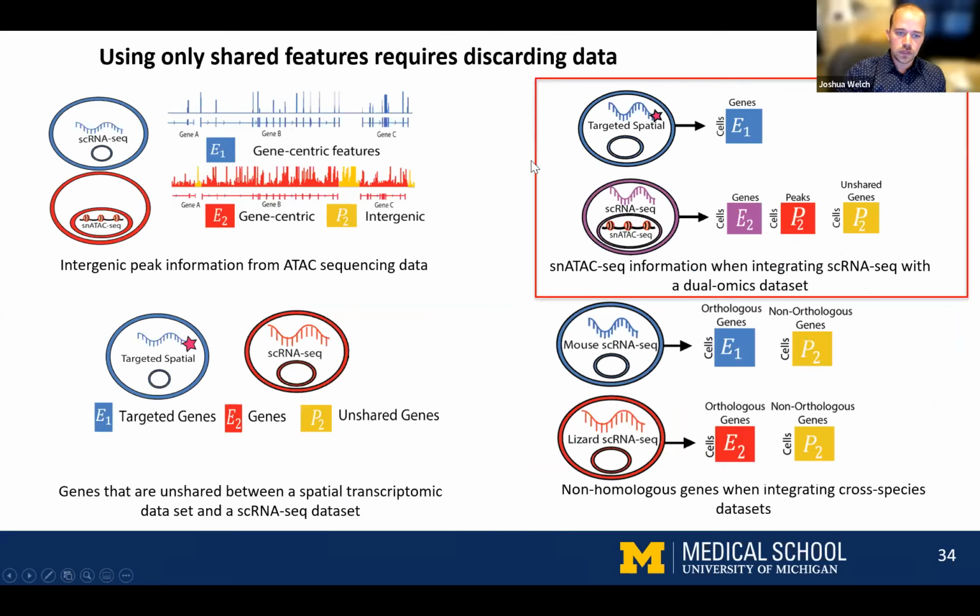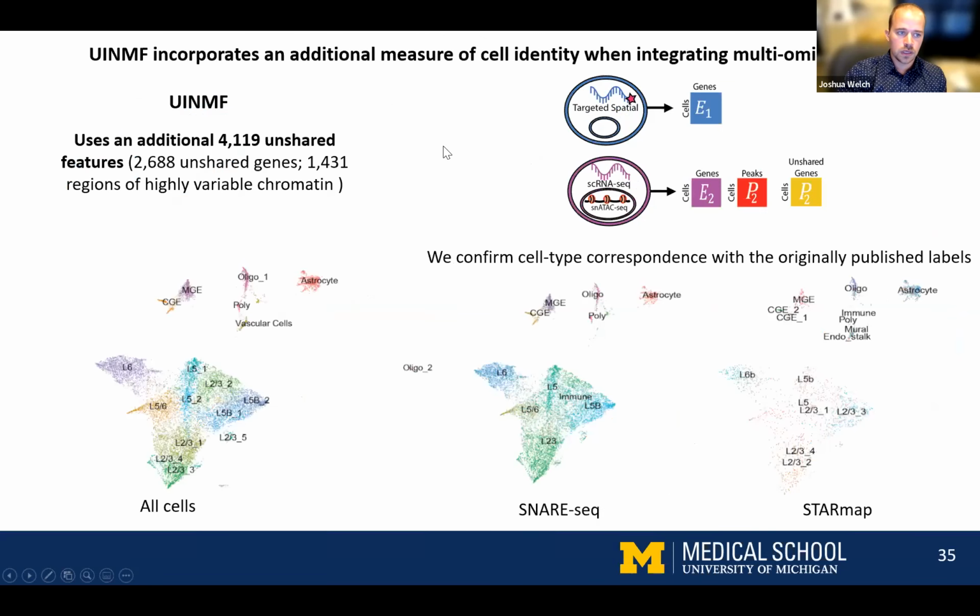Okay. So the third application scenario I'll discuss here is when we want to integrate targeted spatial transcriptomic data with a multimodal data set like 10x multi-omic or SNARE-seq. And in this case, we've got two types of unshared features.